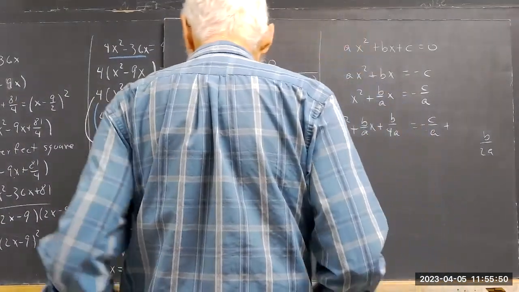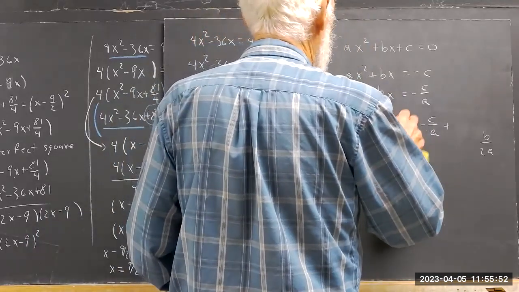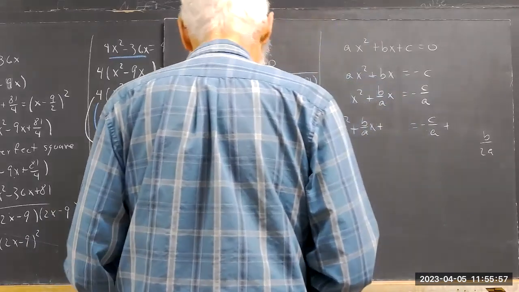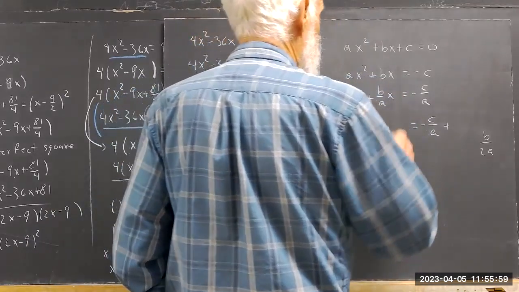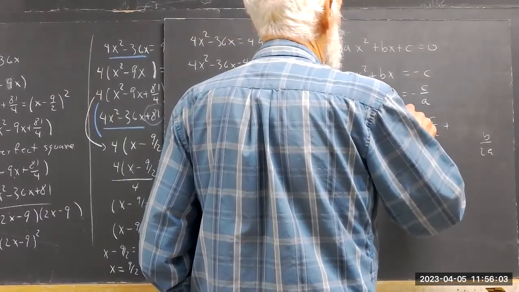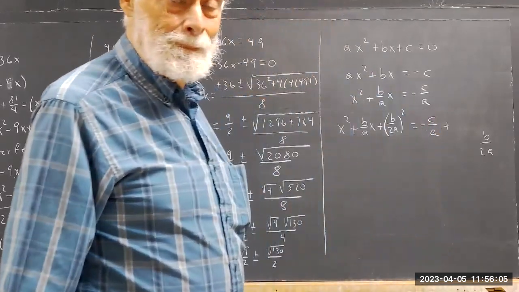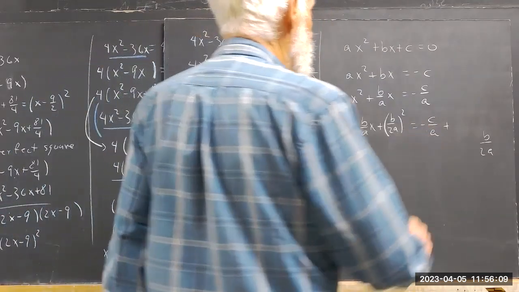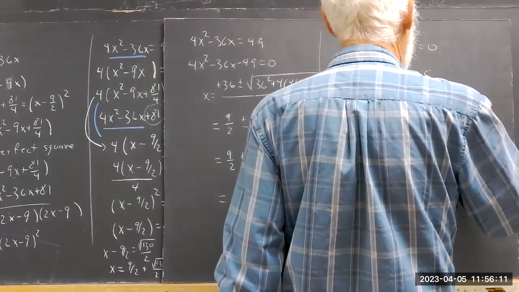I'm going to do it in 2 steps to make sure we see everything. So we take b over 2a squared on both sides. And over here, we're going to have the same thing.